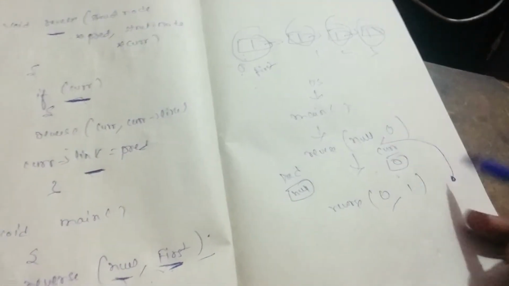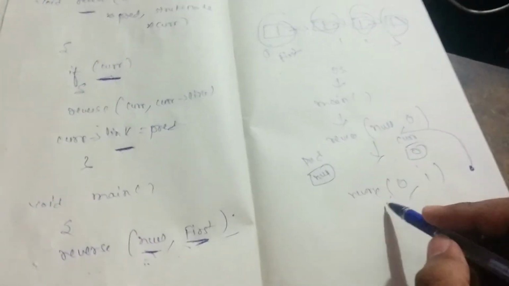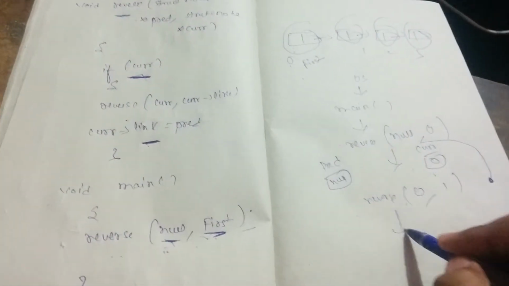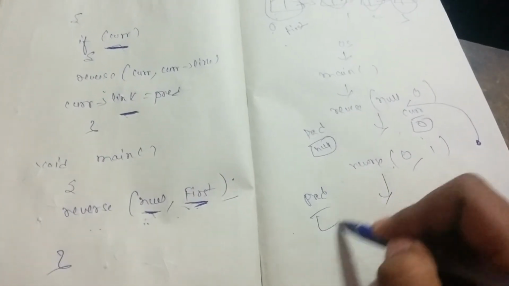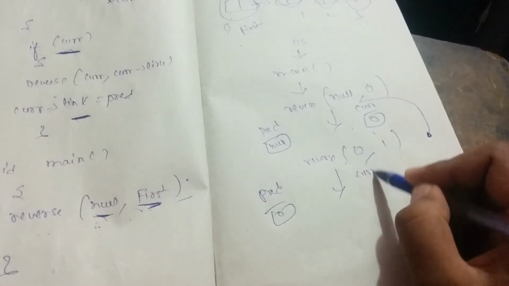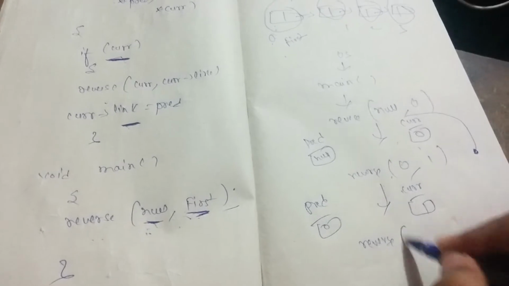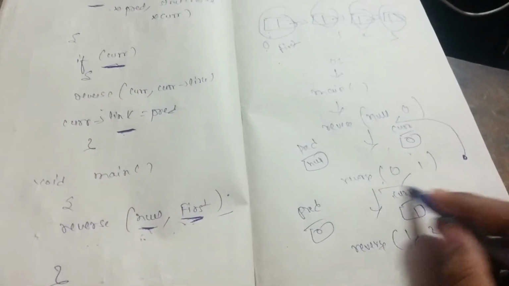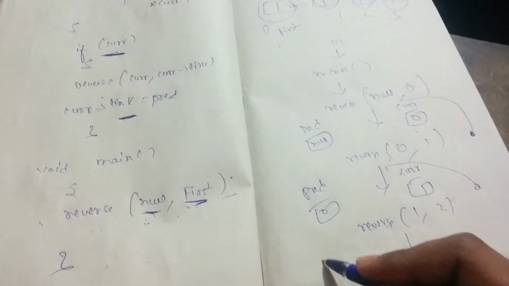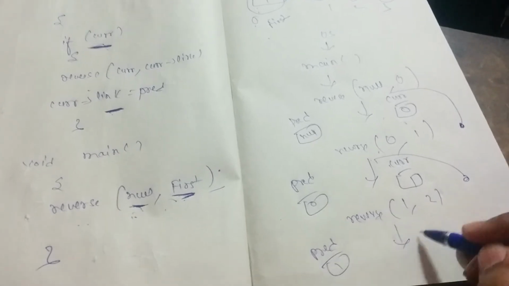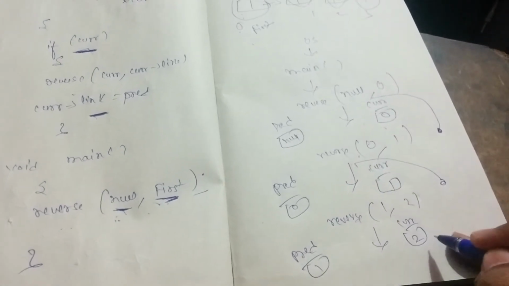We shall execute it later. First the preference is given to this call, then predecessor is 0, current is 1, and reverse of 1, 2, and a note to change the links, predecessor 1, current 2.